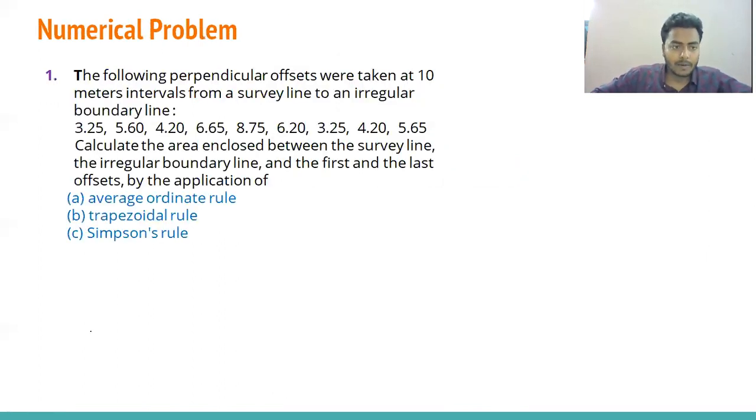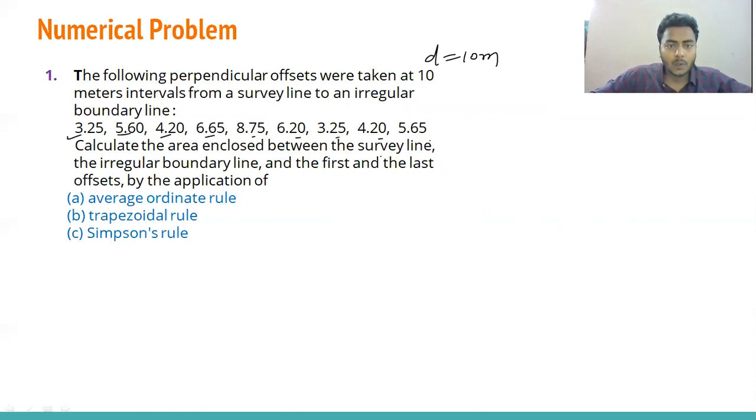Here we have one question. The following perpendicular offsets were taken at 10 meter intervals, which means d is 10 meters, from the survey line to the irregular boundary line.